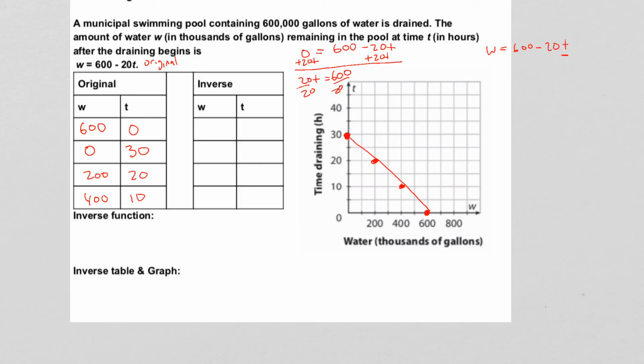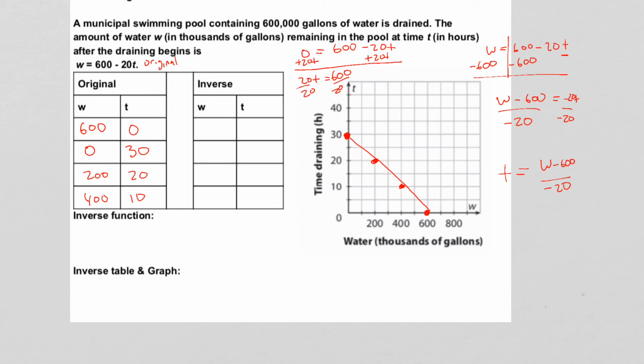So I have to do the opposite of plus 600. That's minus 600. I've got w minus 600 is equal to minus 20t. And then divide by minus 20. And what you're going to get, basically, t is equal to w minus 600 divided by minus 20.